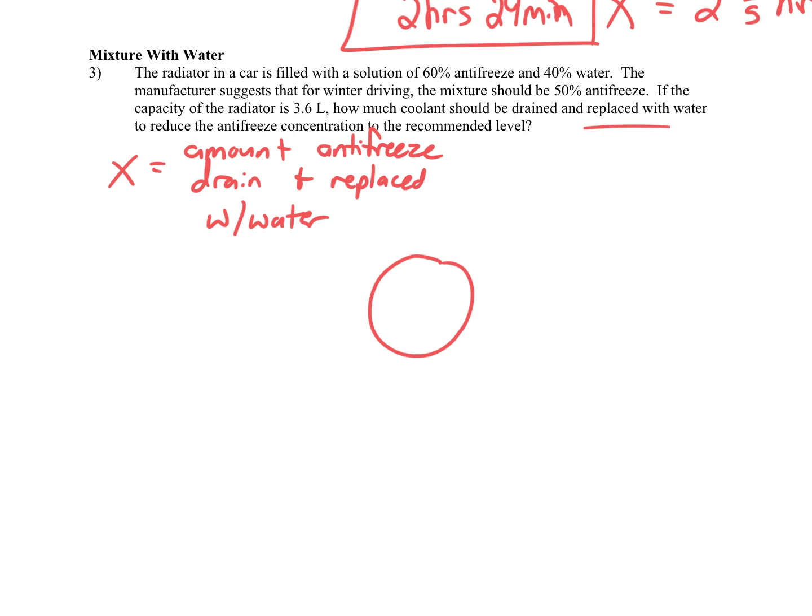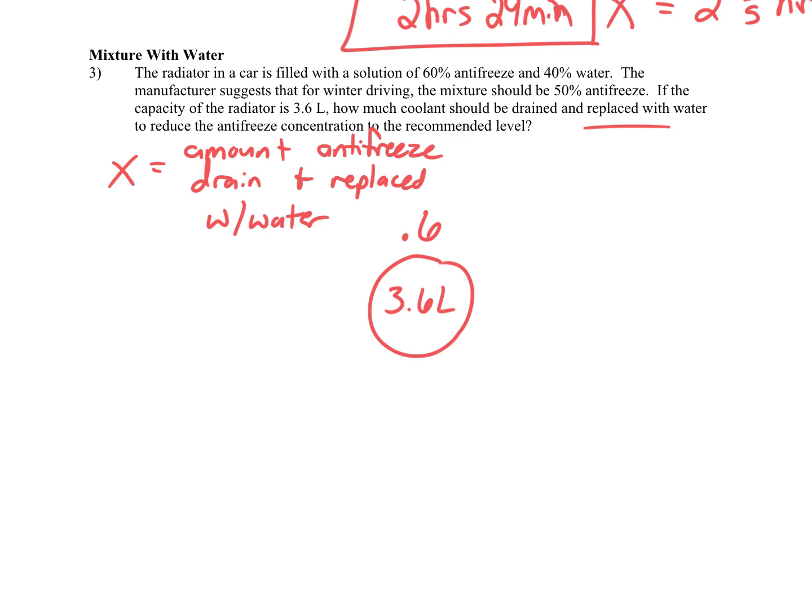So the radiator is 3.6 liters. We start with 3.6 liters. Okay, and we're looking for how much antifreeze has to be drained out. So what percent antifreeze is that 3.6? 60. So it's 0.6, because the 3.6 liters we start with is 60% antifreeze.